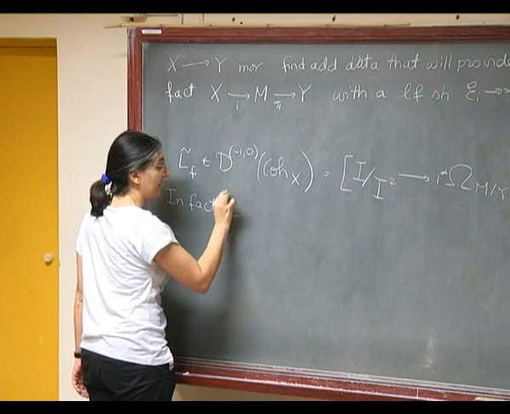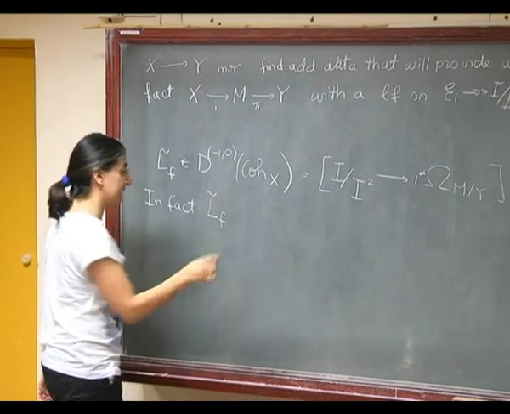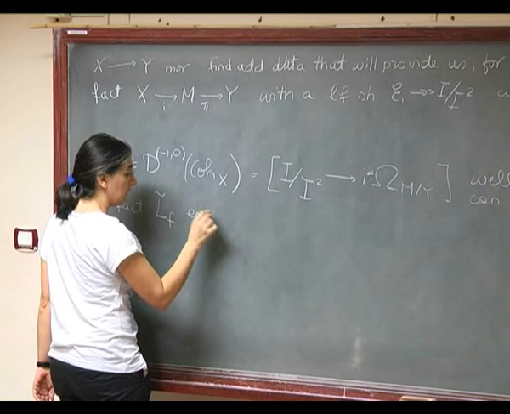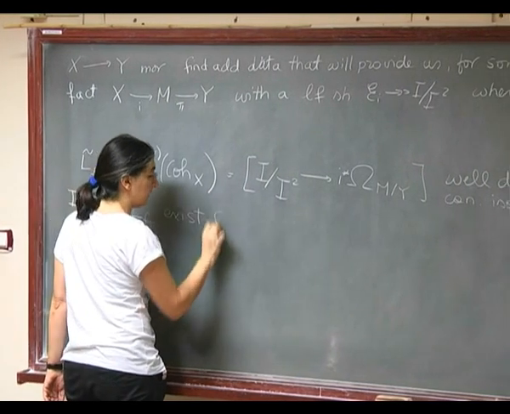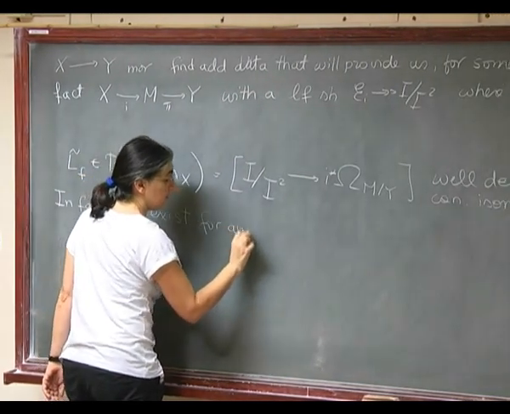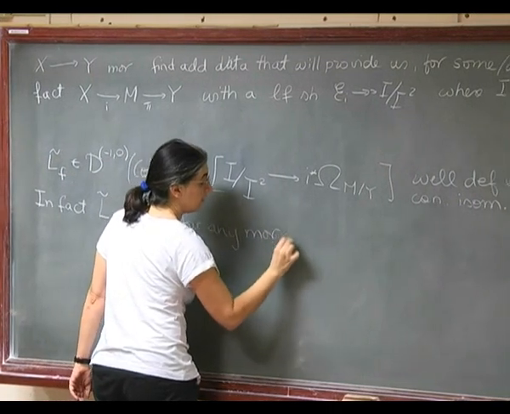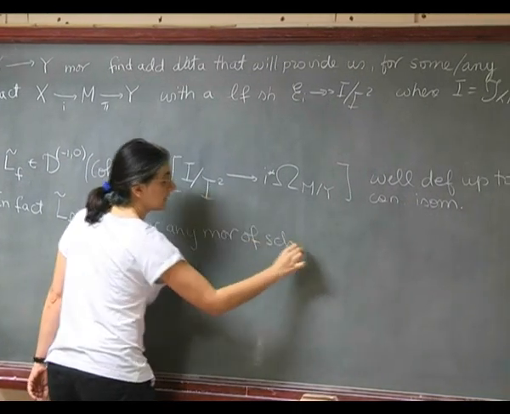this L twiddle F exists for any morphism of schemes.